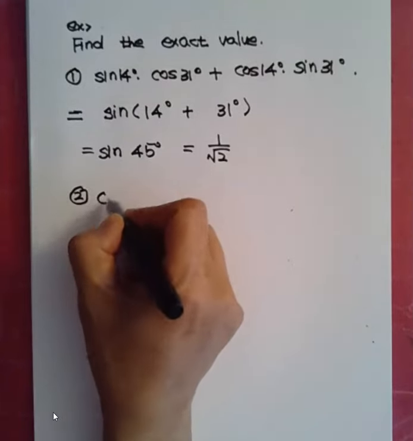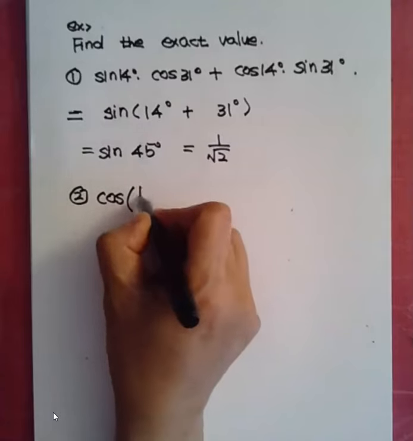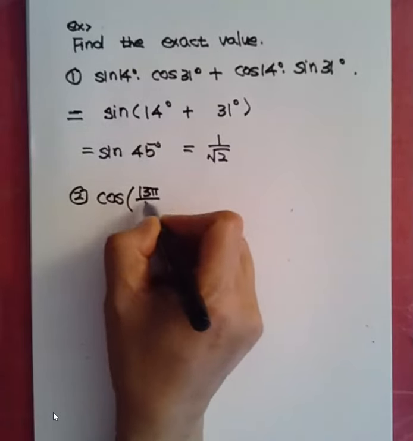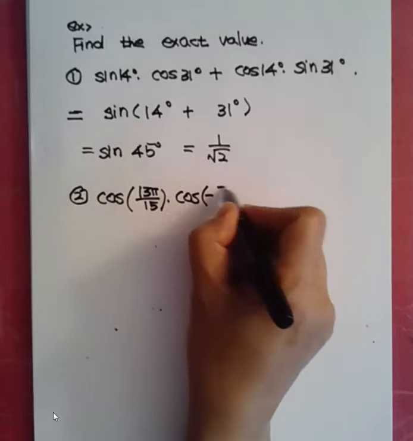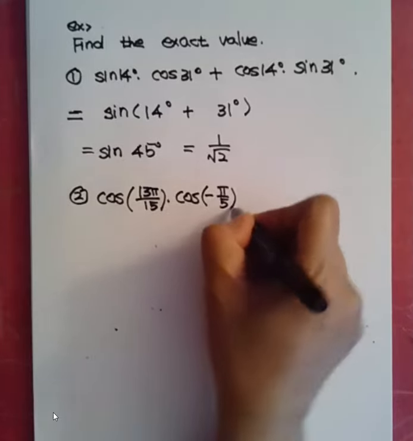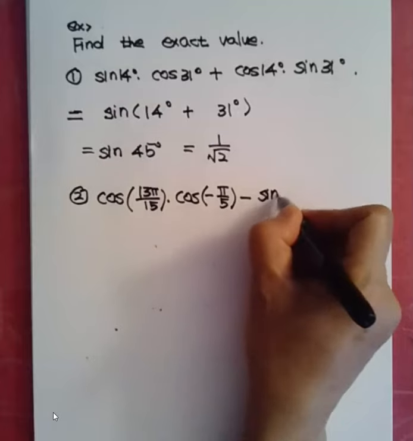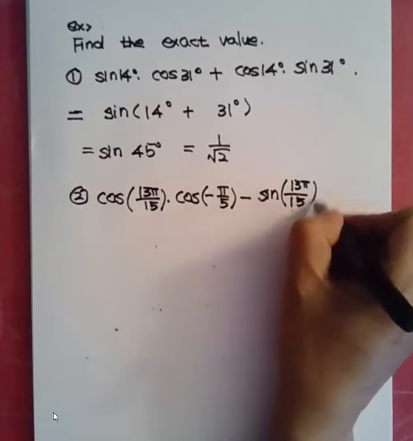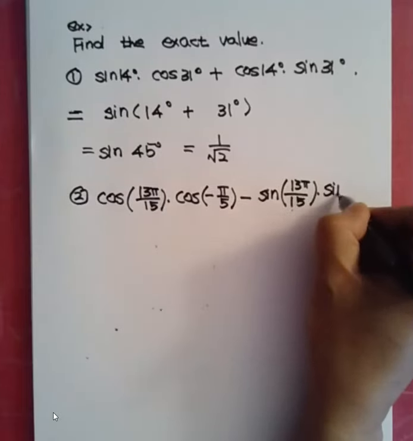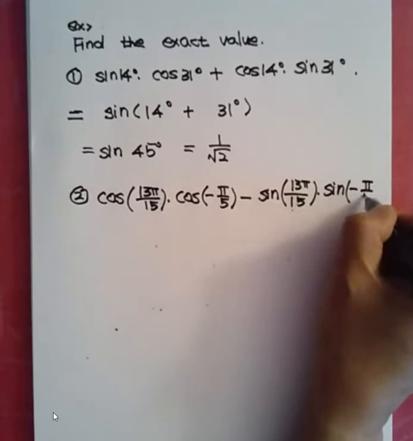The second question is cosine of 13 pi over 15 times cosine of minus pi over 5 minus sine of 13 pi over 15 times sine of minus pi over 5.